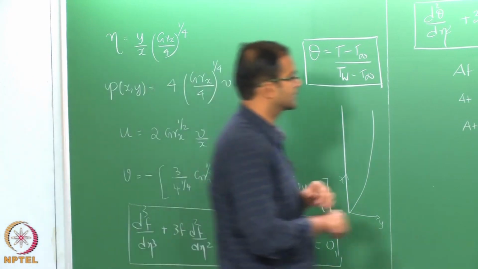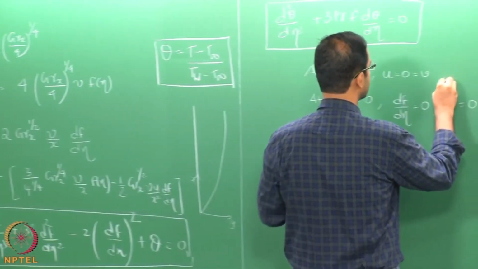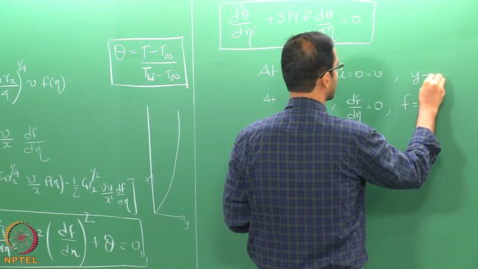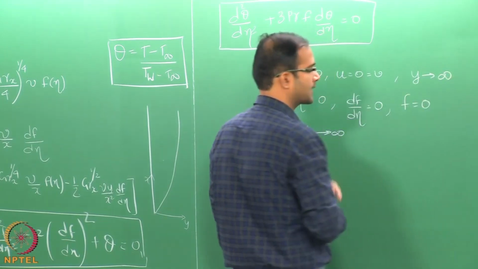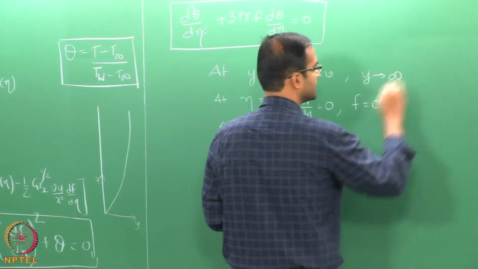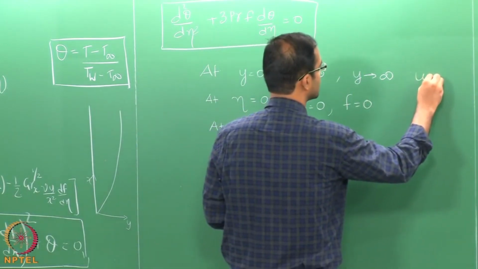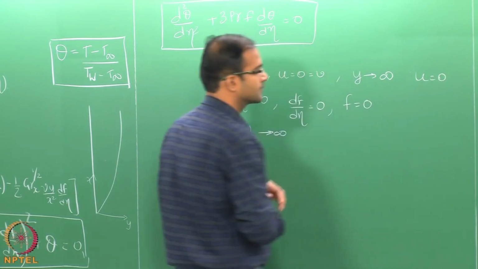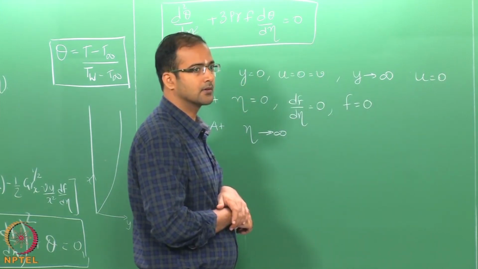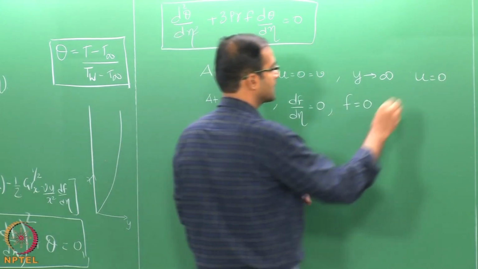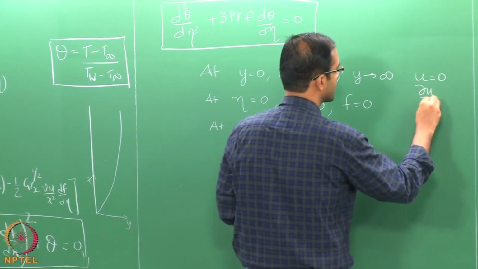Let us look at the condition with respect to y going to infinity. What do you think will be the condition? u equal to 0. So, can we also say du by dy equal to 0?